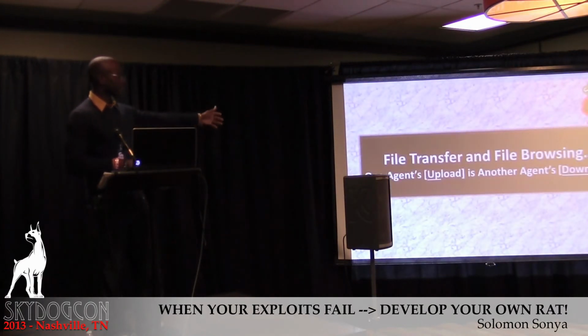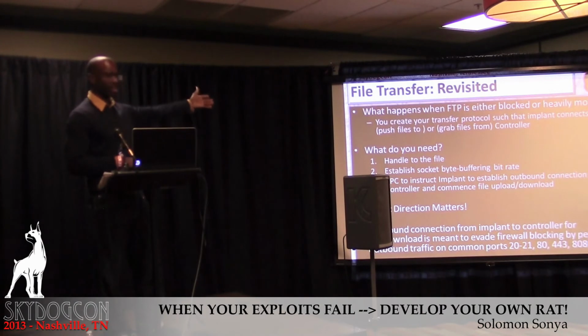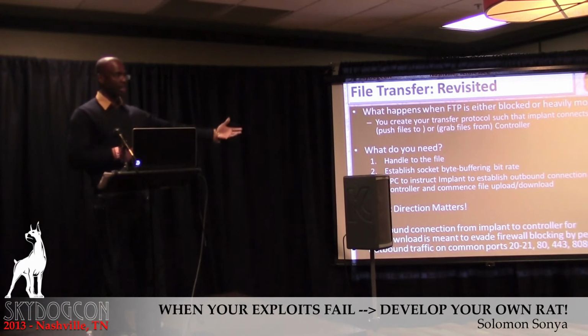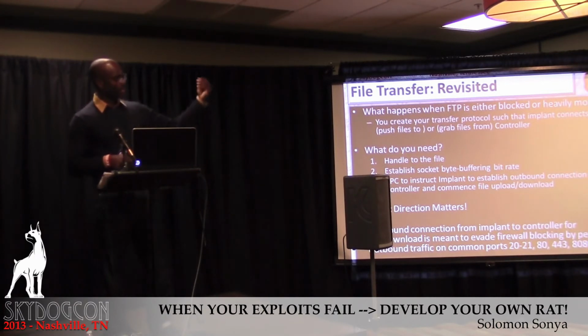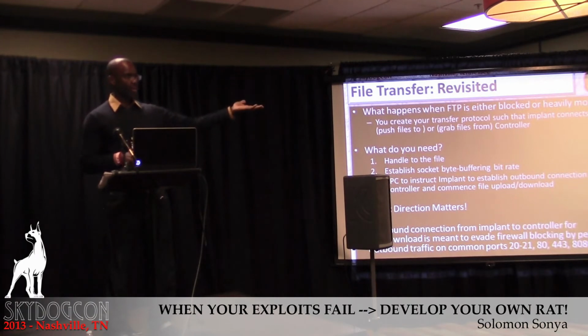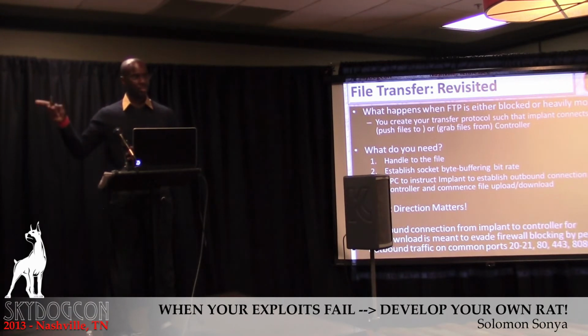File transfer. This is very similar to what we were talking about before. What happens if we know that FTP is either heavily monitored or it's blocked on that computer or on that network that we're actually attacking? Well, we simply write our own file transfer protocol. So what are the things that we need? The first is a handle to the file, so now I can read information from the file. Establish a socket. So I grab that file, I start reading it, I establish a separate socket to the controller.